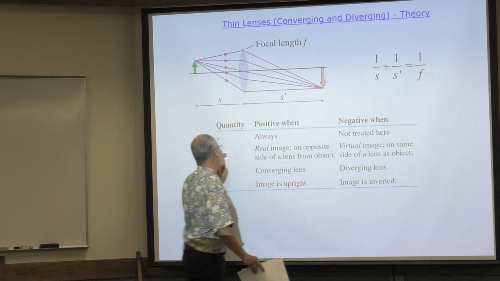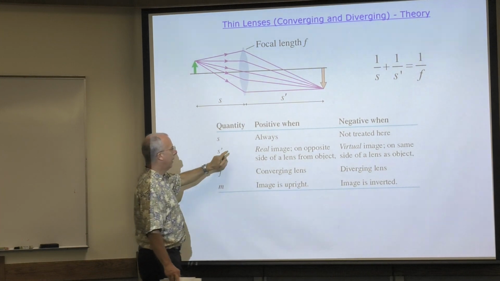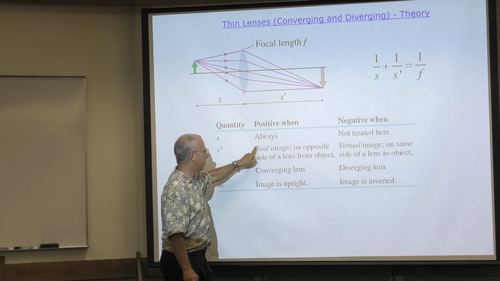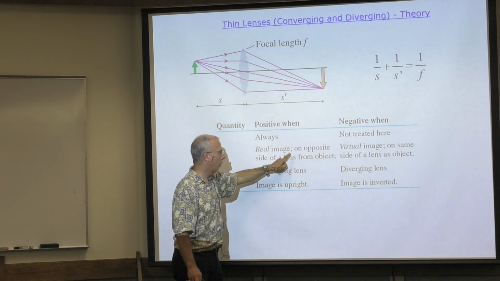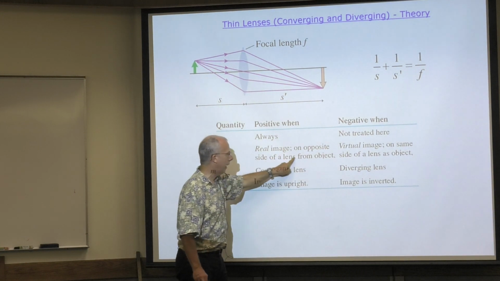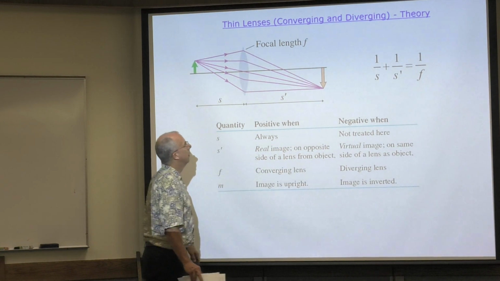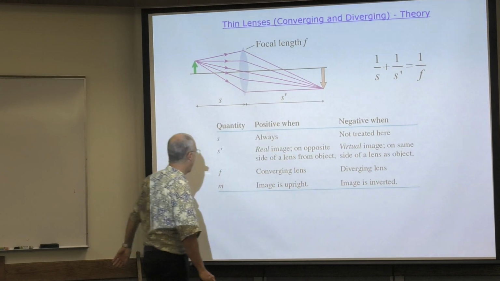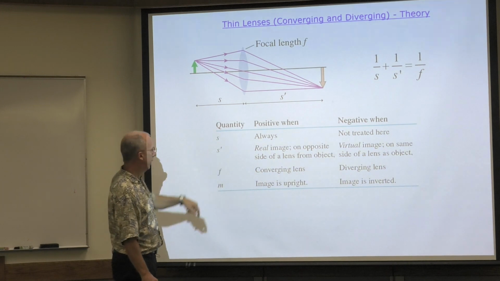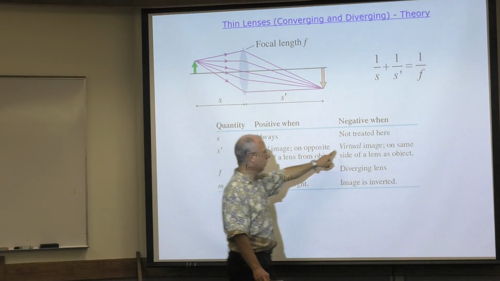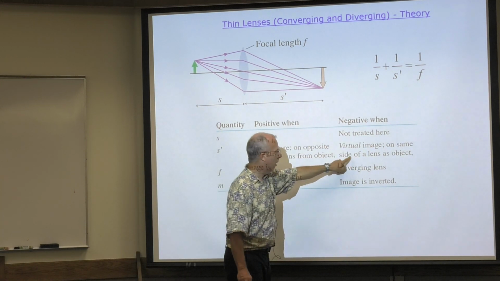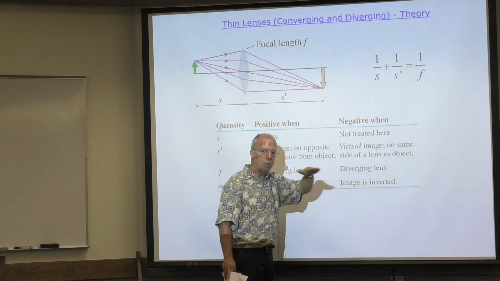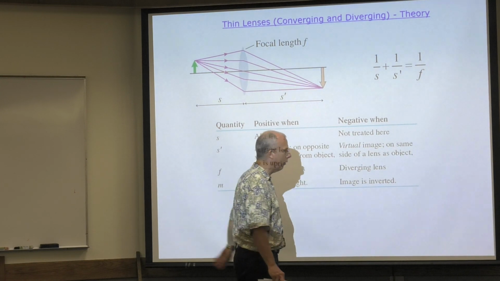Now s prime is positive when it's a real image, so on the opposite side of the lens from the object. So this is a positive s prime, right? Because it's a real image. On the other hand, if it's a virtual image, it's on the same side of the lens as the object, and you're going to draw those dotted lines, right? You're going to have to backtrack the outgoing rays.